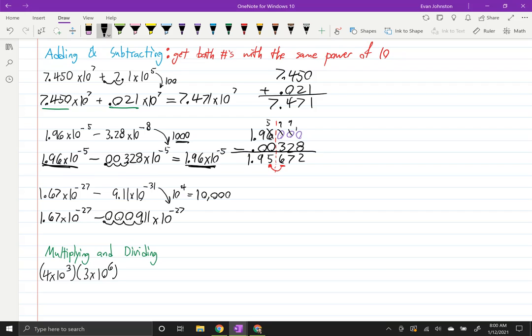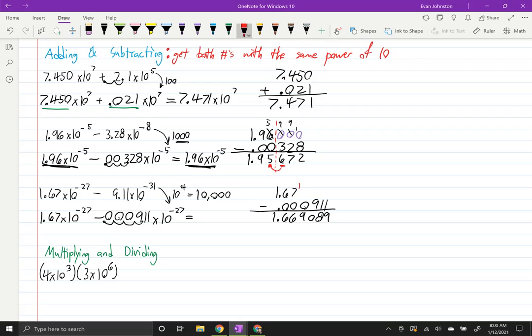Now, just for time's sake, I do have a calculator here, and what this gives me is something very similar to what we just got above. If you subtract these two from each other, 1.67 minus this 0.000911, we end up getting 1.669089.